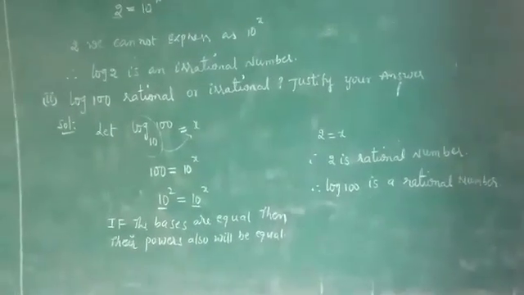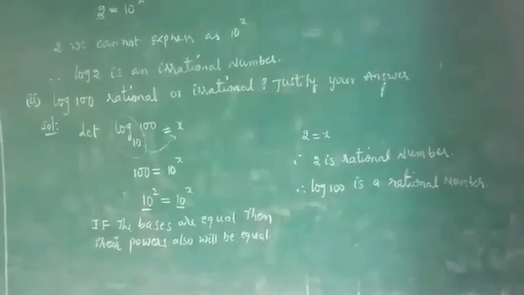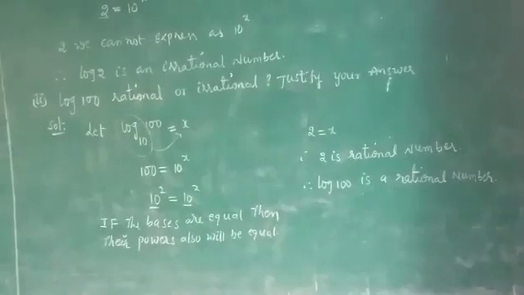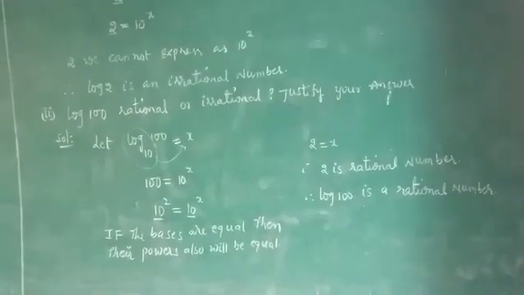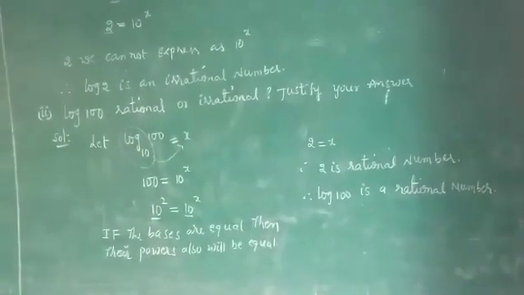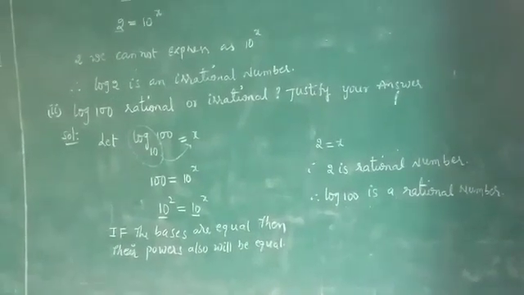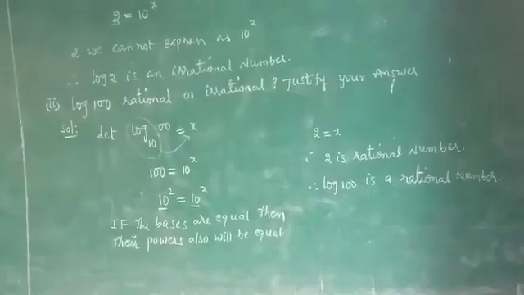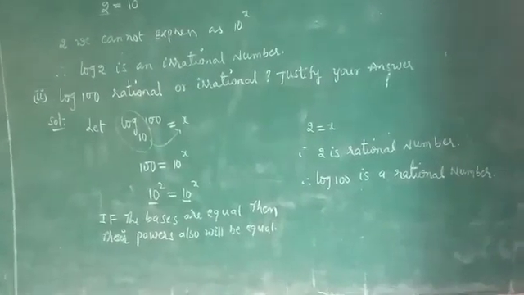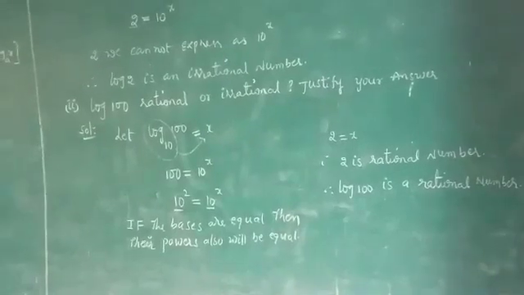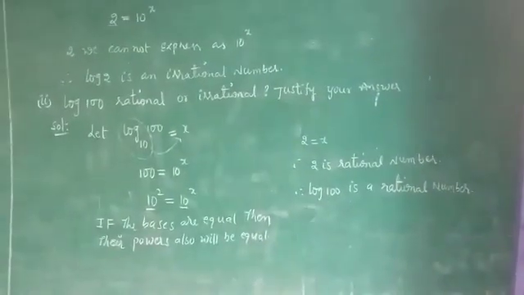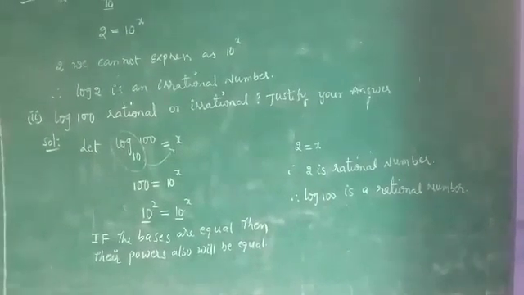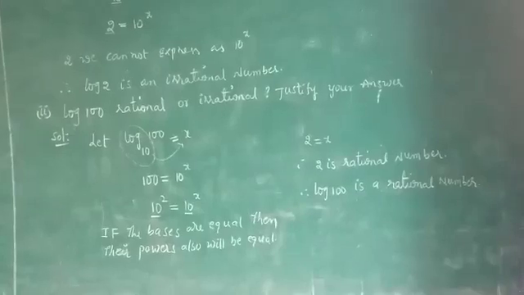Similarly, the second problem: is log 100 rational or irrational? Justify your answer. So I explained that log 100 to base 10 is equal to x. So 100 is equal to 10 to the power of x. Then 10 squared is equal to 10 to the power of x. And the bases are equal, so their powers also will be equal. Then 2 is equal to x. 2 is a rational number. Therefore log 100 is a rational number.